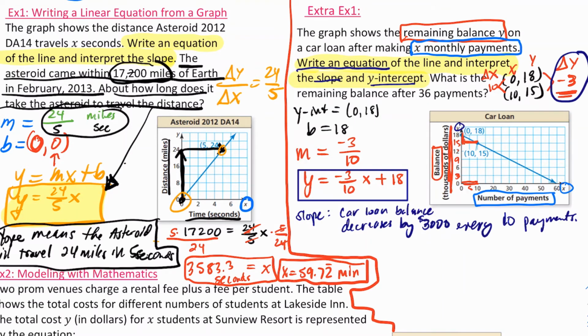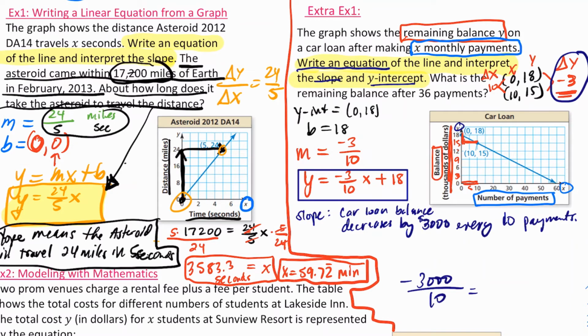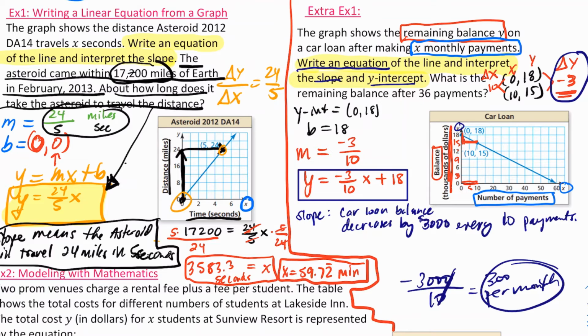Now, if you wanted to, again, you can reduce that. You would have to put negative 3,000 over 10, which basically means it goes down, if you cancel that, $300 per month. And you can do that as well. It might be easier to actually say that your balance goes down $300 per month instead of 3,000 every 10 payments, but that's fine.